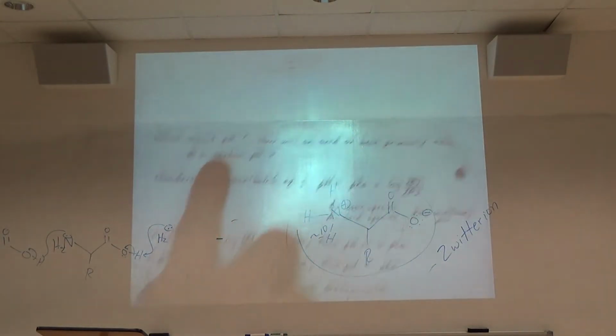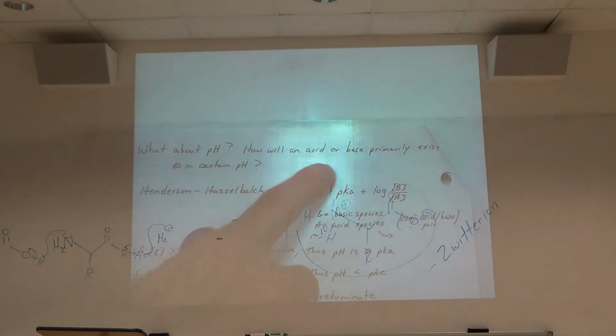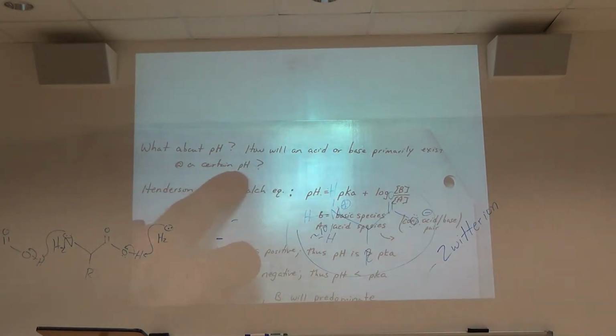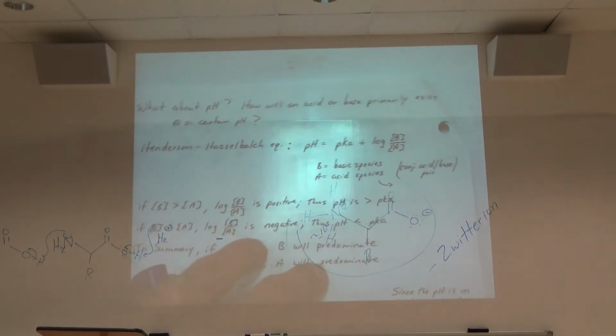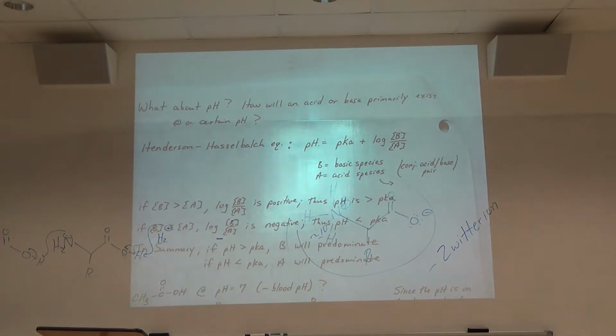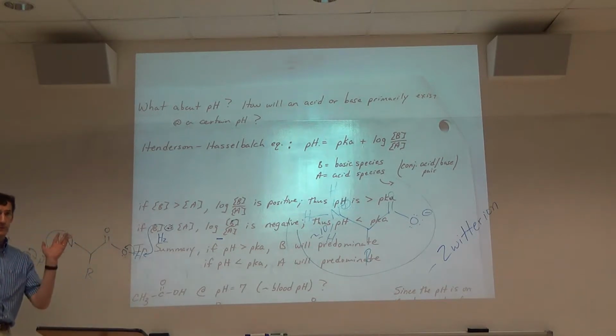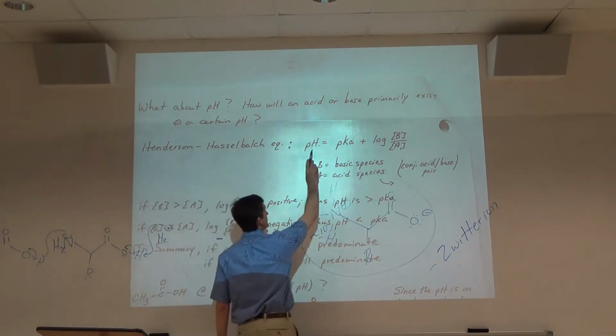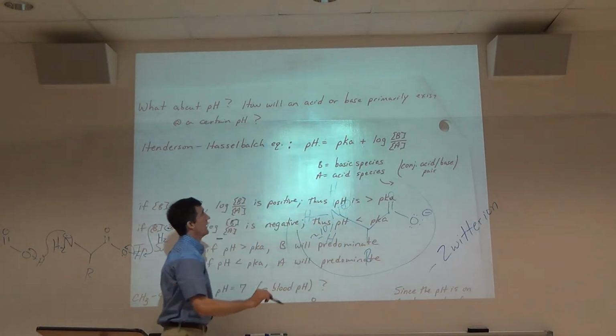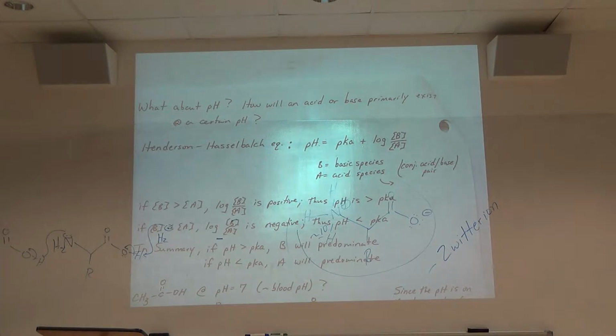What about pH? How will an acid base primarily exist at a certain pH? Here we're going to change the pH. This can all come from the Henderson-Hasselbalch equation, and when I took biochem, we derived that from all your pKa stuff down to a nice little equation that looks like this: pH equals pKa plus log of the base over A, basic species over acidic species.